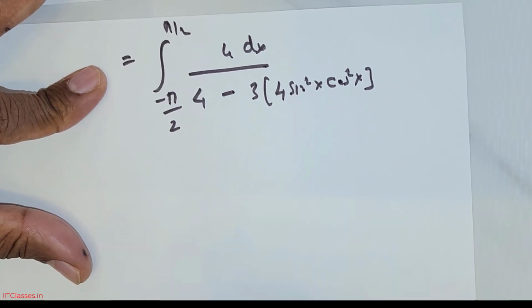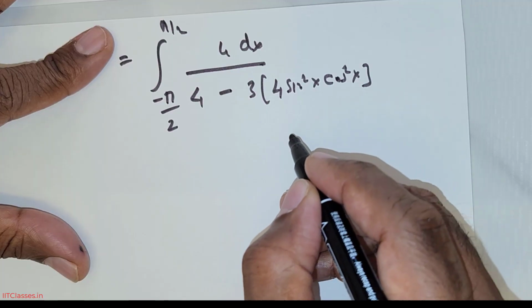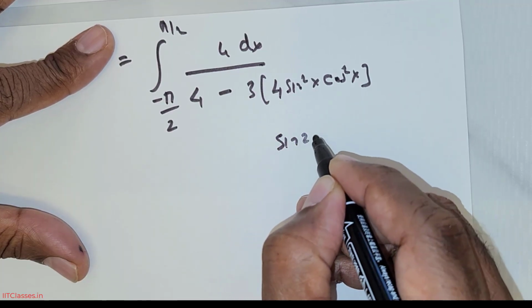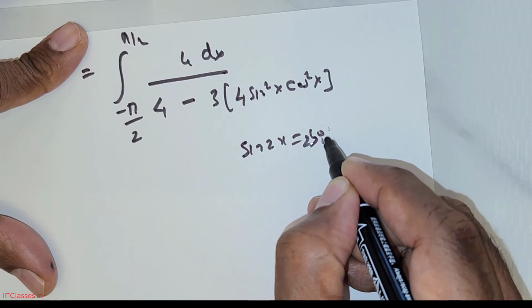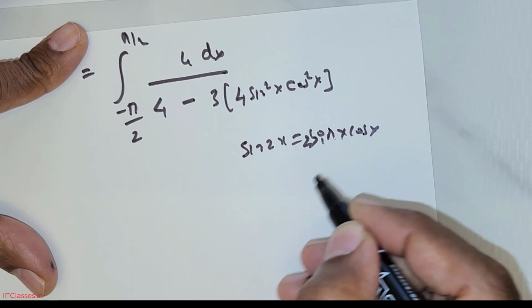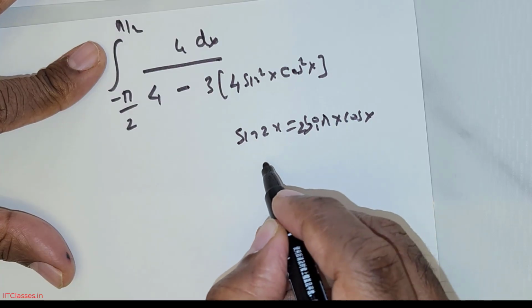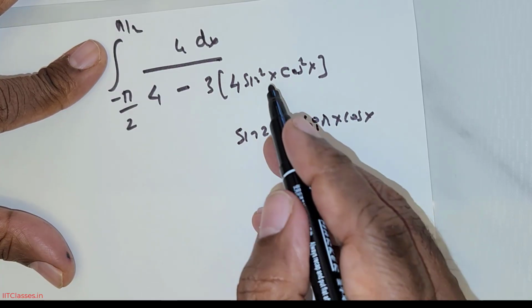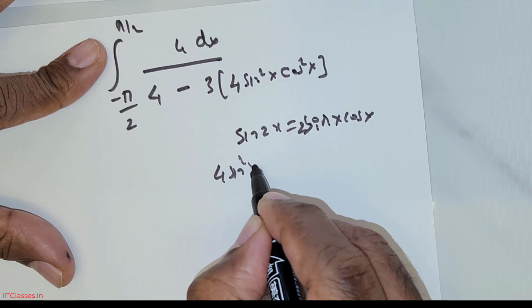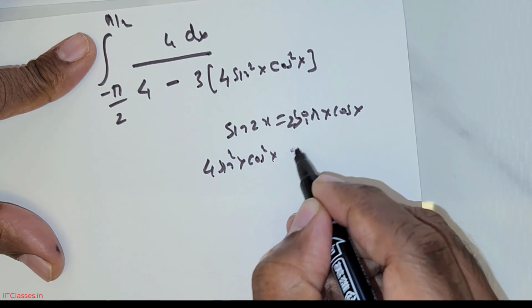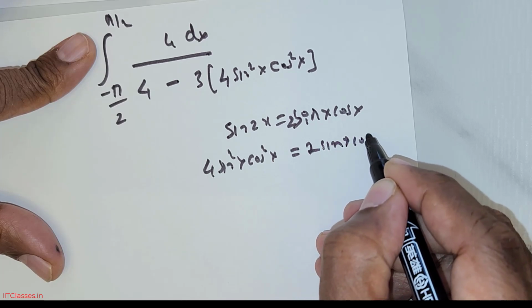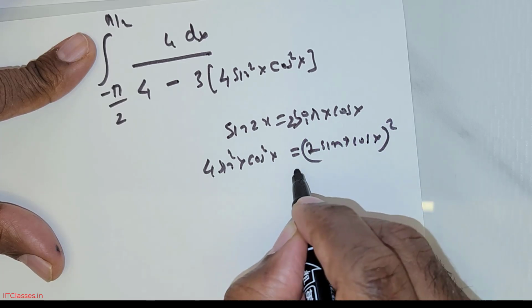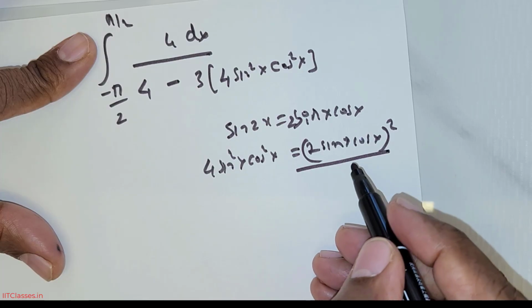Now I have to use my sine 2x formula, which is nothing but 2 times sine x cos x. If I were to rewrite 4 times sine squared x times cos squared x as (2 times sine x cos x) the whole squared, is it okay? Can I do that? Of course I can.